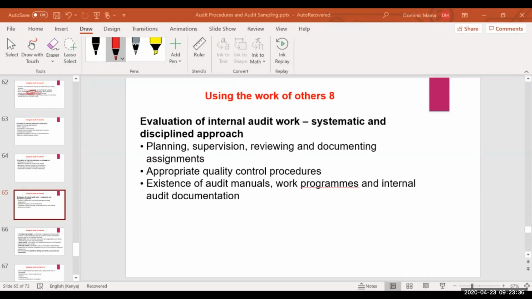Actually, if there's no audit documentation that they normally do, then as an external auditor, you have to be very careful when relying on their work, because if they don't document what they're doing, how can you tell whether the work was done properly? So those are things that you may want to check as an auditor towards the methodology they use when carrying out the internal audit work.